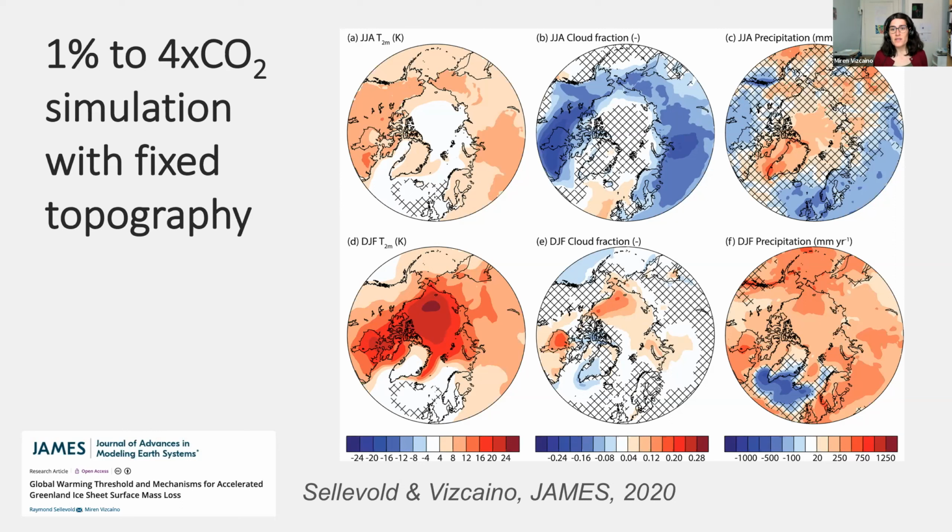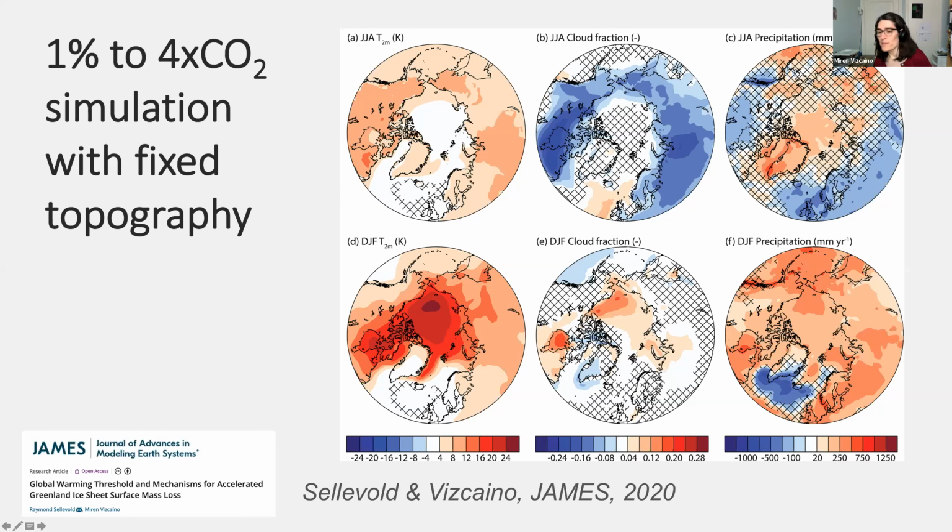And when we take the last decades between year 130 and year 150, 2 decades, and we compare with pre-industrial, we get this warming in winter and summer, and these changes in the cloud fraction, changes in precipitation.